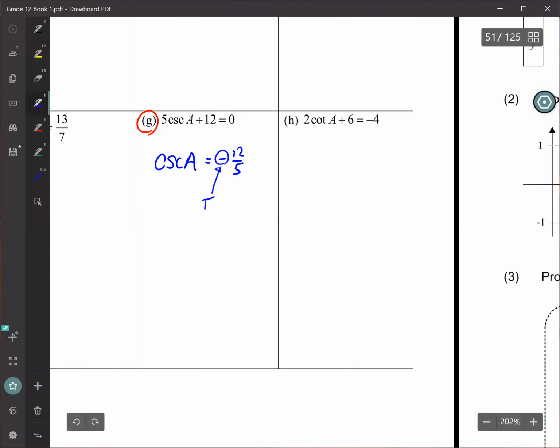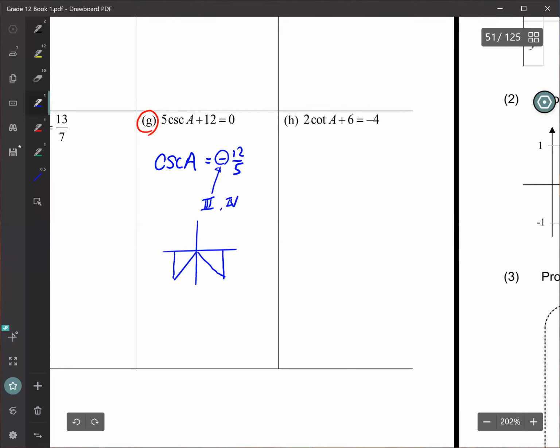Okay, so let's write that down, 3 and 4. And then we'll draw it out just like before. So we'll draw the angle in quadrant 3, quadrant 4.